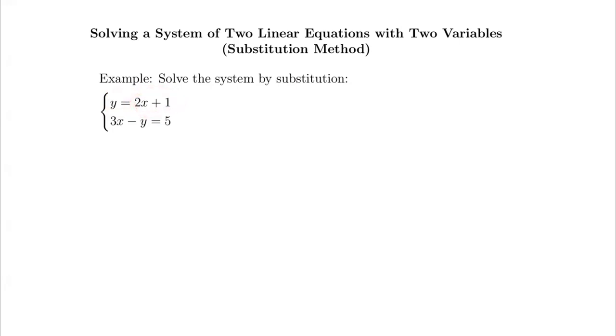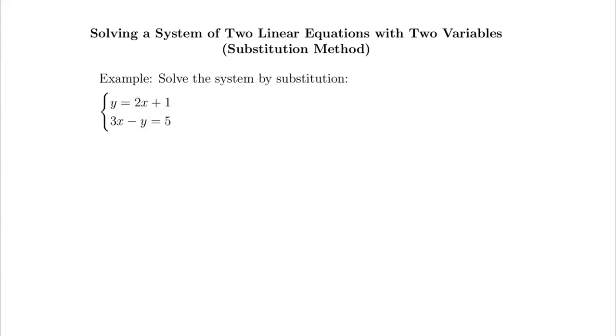So y is equal to 2x + 1. What we are going to do is use the expression 2x + 1 for y in the second equation. In that case, we say that we substitute 2x + 1 for y in the second equation.